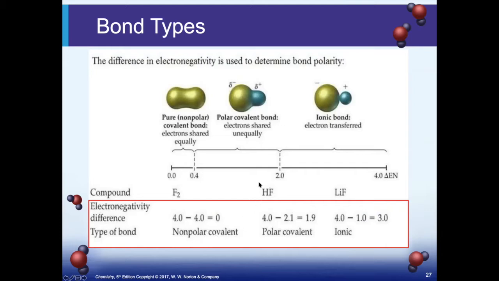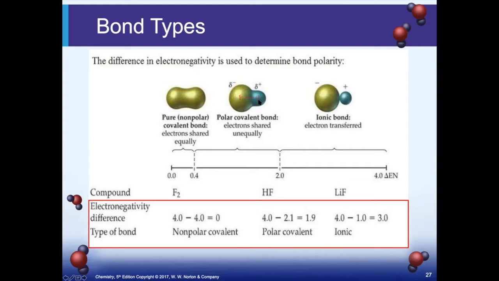Okay, so now let's look at a different compound here. This is HF, the hydrofluoric acid molecule. So in this case, the fluorine is more electronegative than the other atom involved. This perhaps isn't super obvious, but this is the fluorine in this molecule, and this is the hydrogen. Okay, and so the fluorine's electronegativity value is 4.